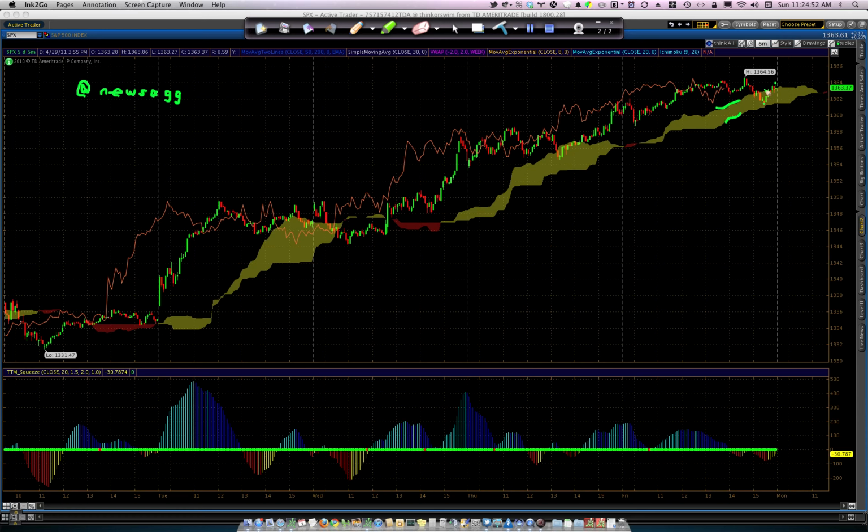That midpoint is going to be plotted 26 periods into the future. So the midpoint of this 9-candle window is plotted 26 points in the future, meaning that the Ichimoku is meant to be a forward indicator, unlike anything else, which is a lagging indicator.